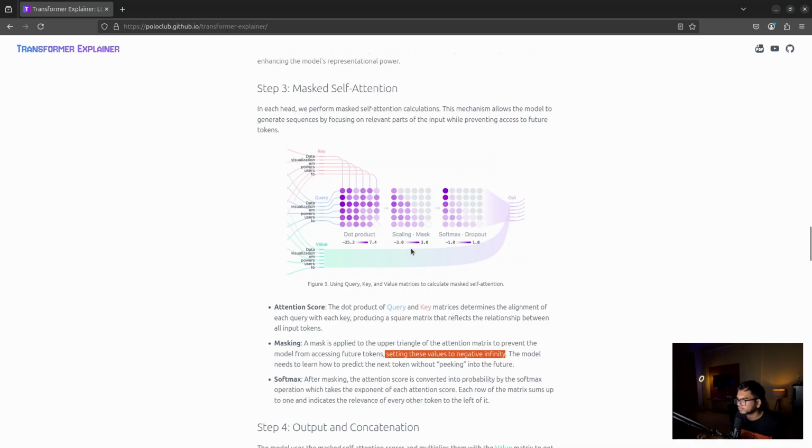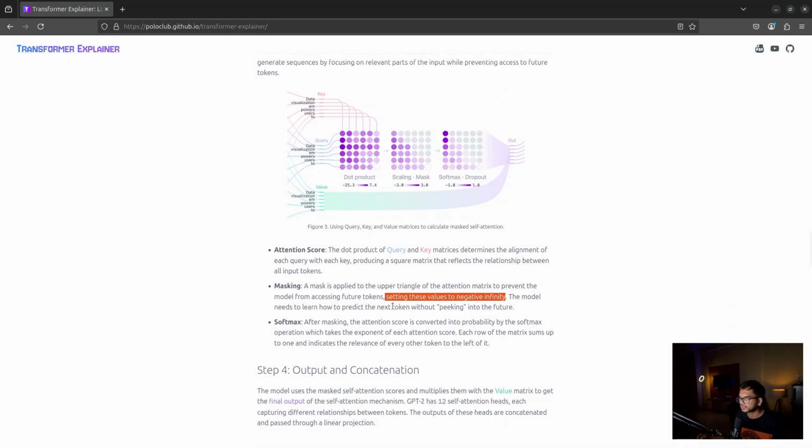And after masking, since we might get a different range of outputs, we need to apply the softmax. Here it is written that after masking, the attention score is converted into probability by the softmax operation, which takes the exponential of each attention score. As you know, softmax will give us output values between -1 and 1.